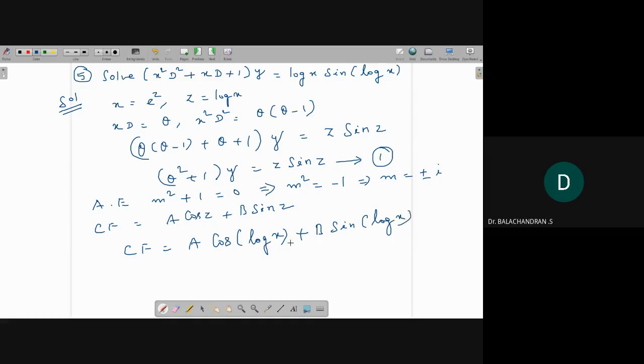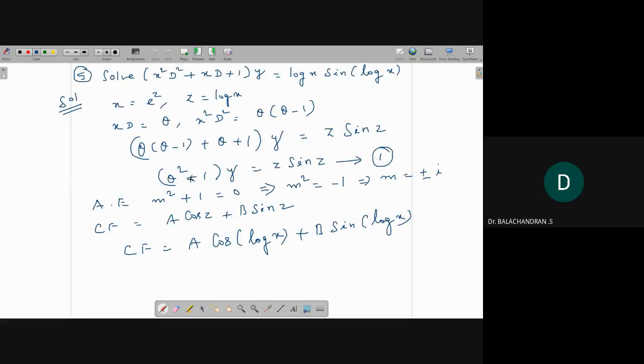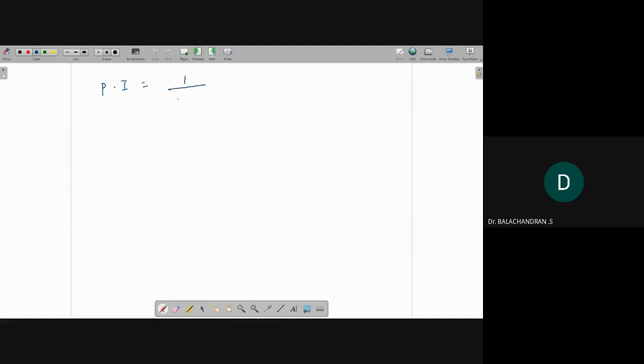So this is the CF. Now we find the particular integral: 1 by (θ² + 1) into z sin z. So this is type 5.